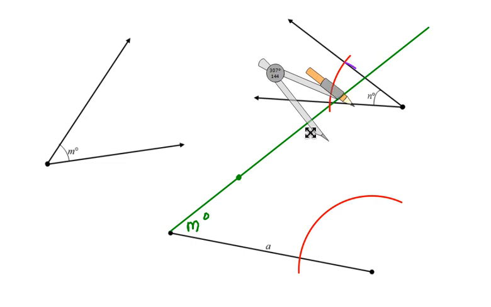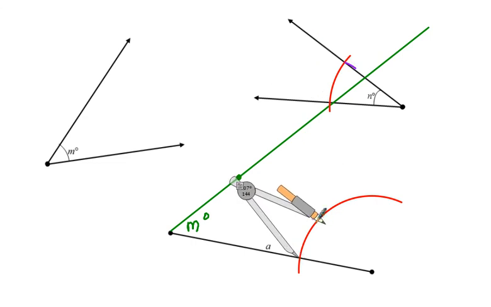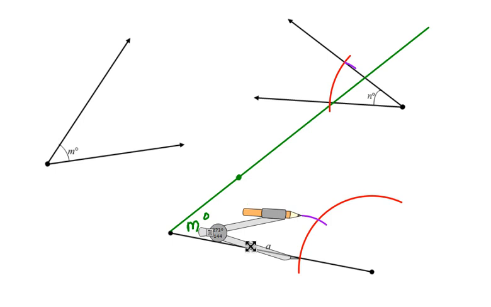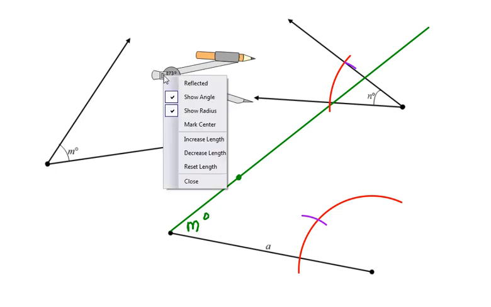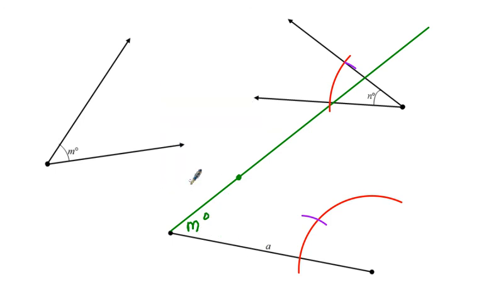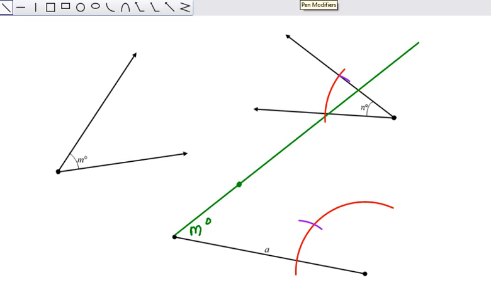Okay, and we'll repeat that span down here, knowing that that will help us to copy this angle. I'll take my straight line tool and connect the points. You can see that if I extend this out far enough, it'll hit this green ray in a particular location.